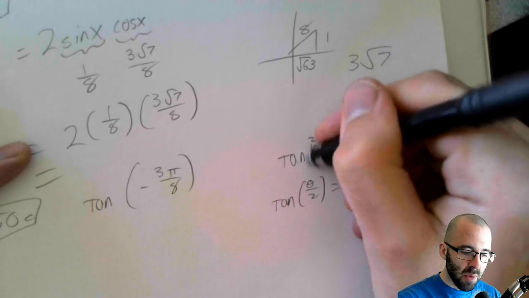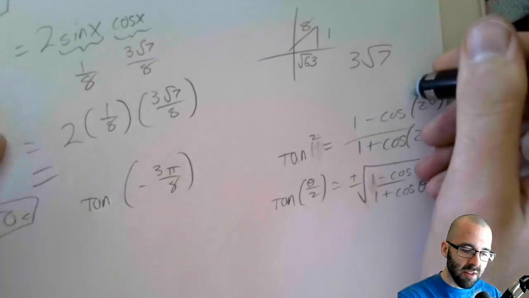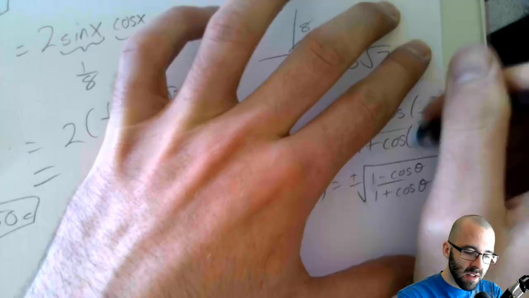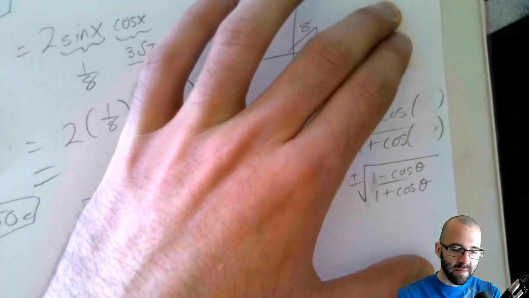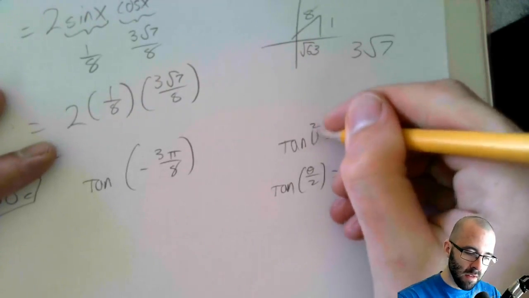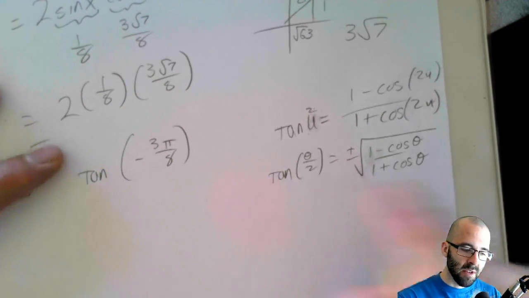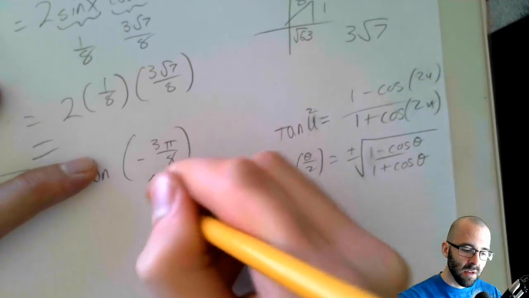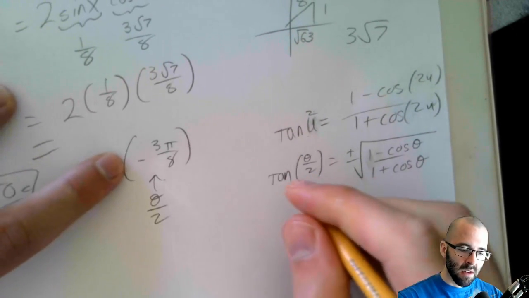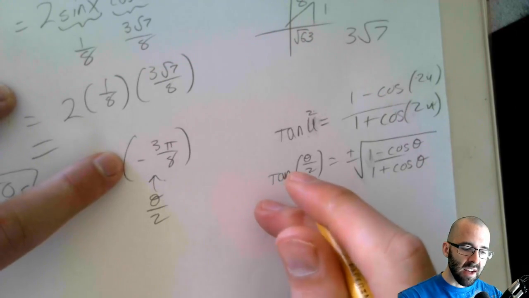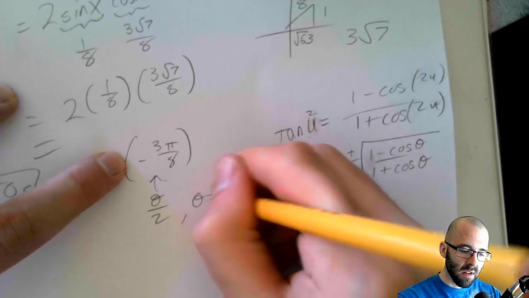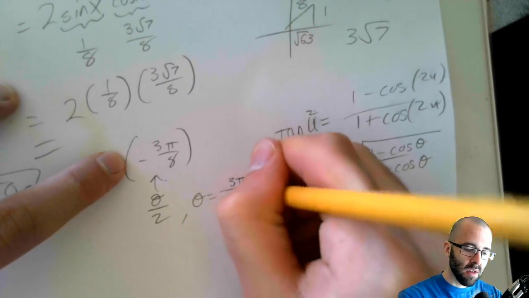So the most important thing if you're using these formulas is just identifying what your variables are. Okay, so if this is theta over 2, then what is theta? -3 pi over 4.